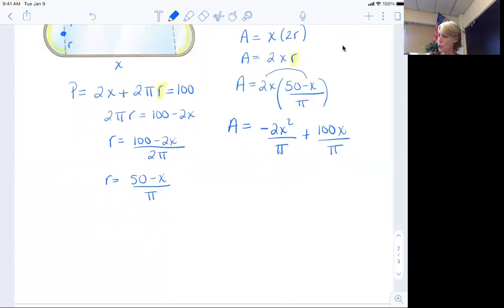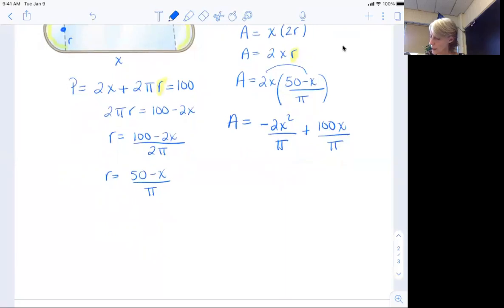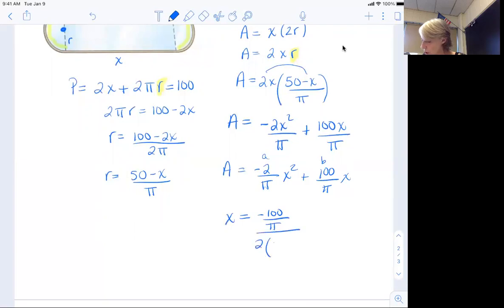So now what we're going to do is, here's a little bit trickier. My area is negative 2 over pi x squared plus 100 over pi x. Okay, that's really a fraction out front. So this is your a and this is your b. So when I go to find out the x value that's going to maximize my area, negative b over 2 times a.